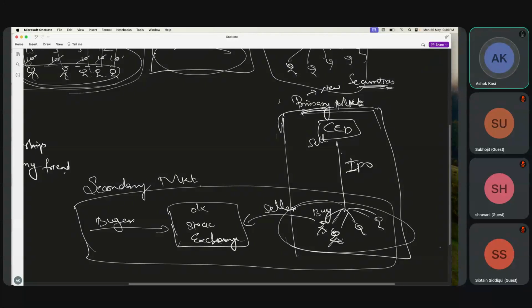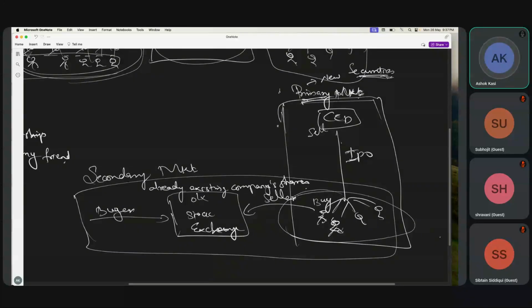Secondary means already existing companies' shares being bought and sold. That is the secondary market. Primary means what? New securities are being issued. In the secondary market, already existing company shares are being bought and sold.